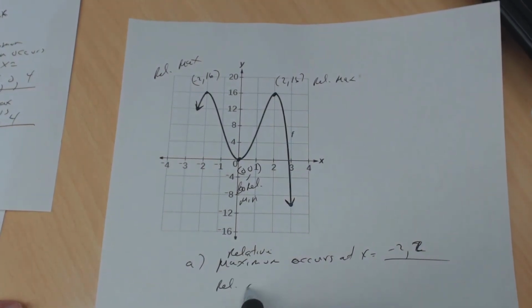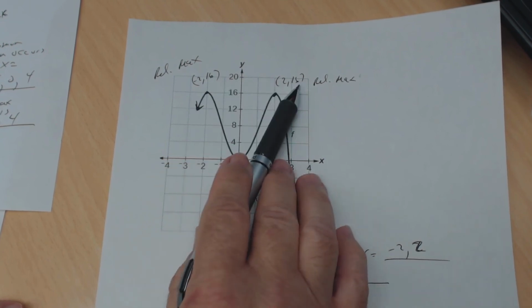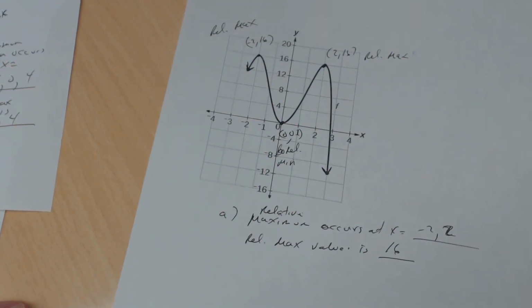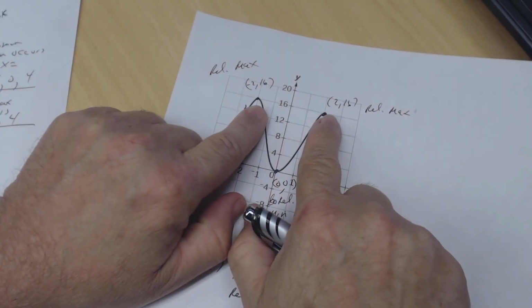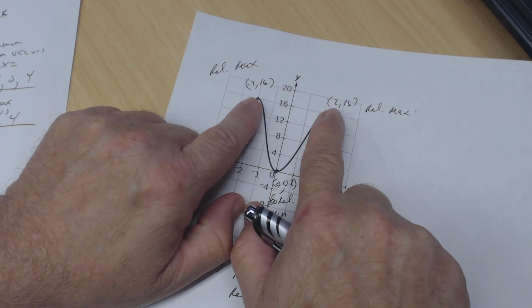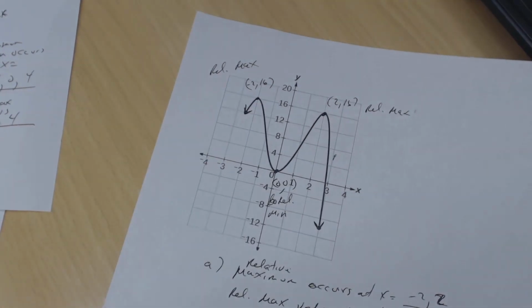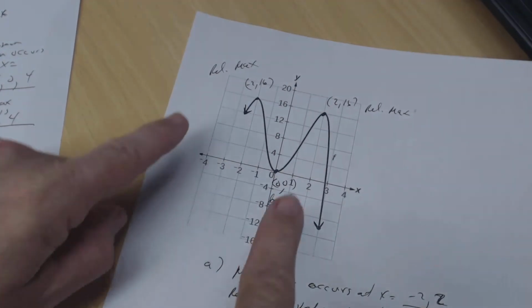So the relative maximum value, remember that's your y value, is blank. 16, 16. So you only list it once. Okay. Now just to let you know, you see how the arrows go down? This is the largest possible. So these two are also considered absolute maximum, because that's the highest point possible. These arrows keep going down.